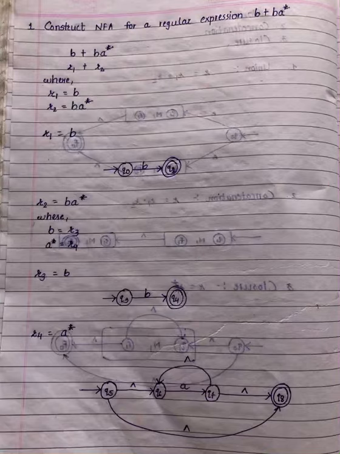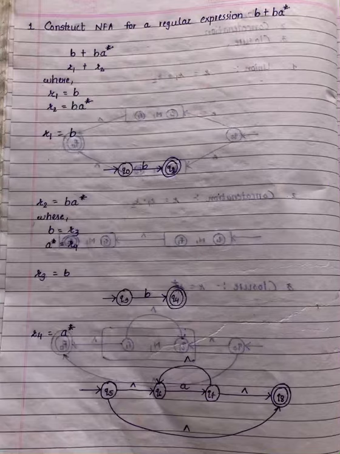For b we have drawn the transition diagram, from state Q0 to state Q1, where b is shown. In the same way for R2, ba star, where we consider b as R3 and a star as R4 because there are two different elements.